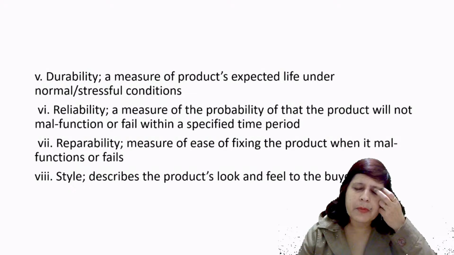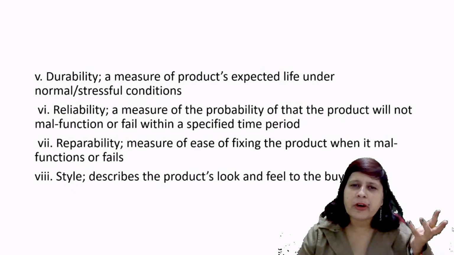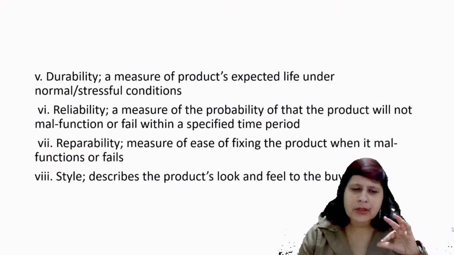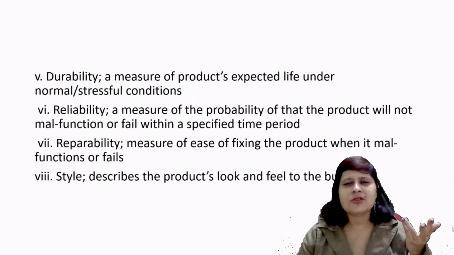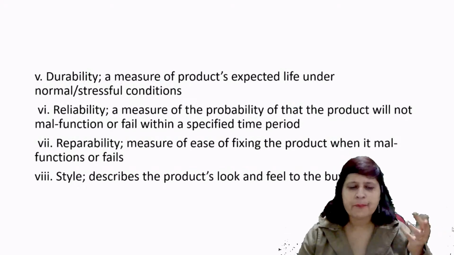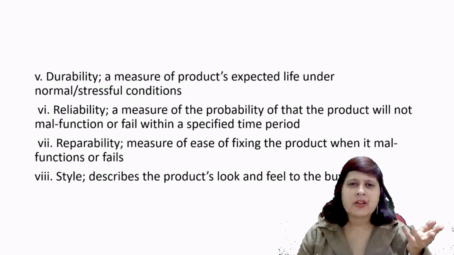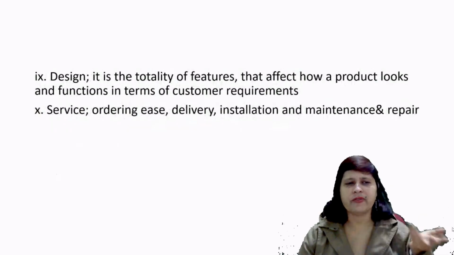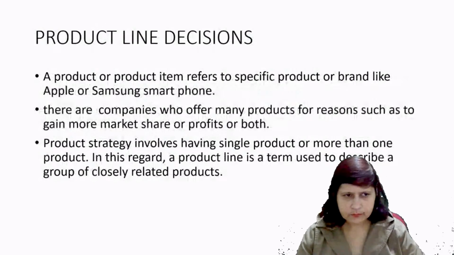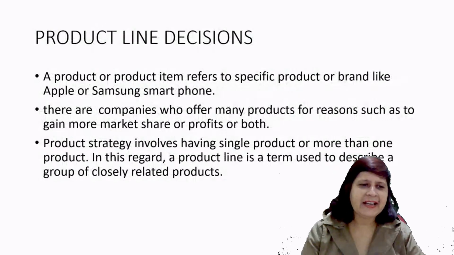It could be on the basis of the repairability of the product, right? Whether your product is repairable or not, how easy it is to fix your product, right? Or it could be on the basis of the style of the product or the design and the services of the product, right? Now, product line decision.